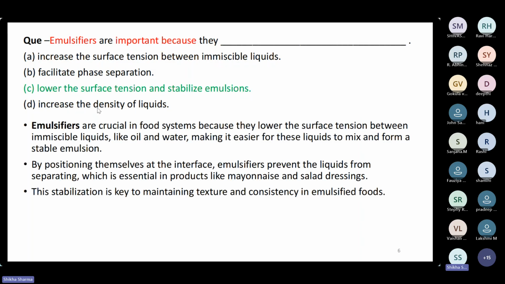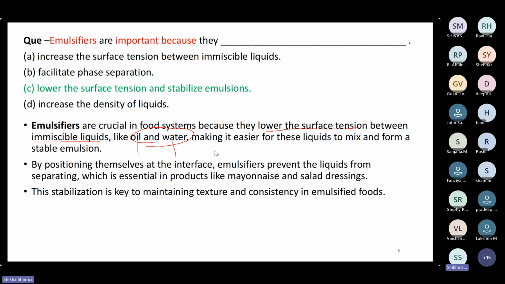Okay, let's see. Yes, you're correct that emulsifiers lower the surface tension between immiscible liquids like oil and water, because one is hydrophilic and the other is hydrophobic, so they will not mix.